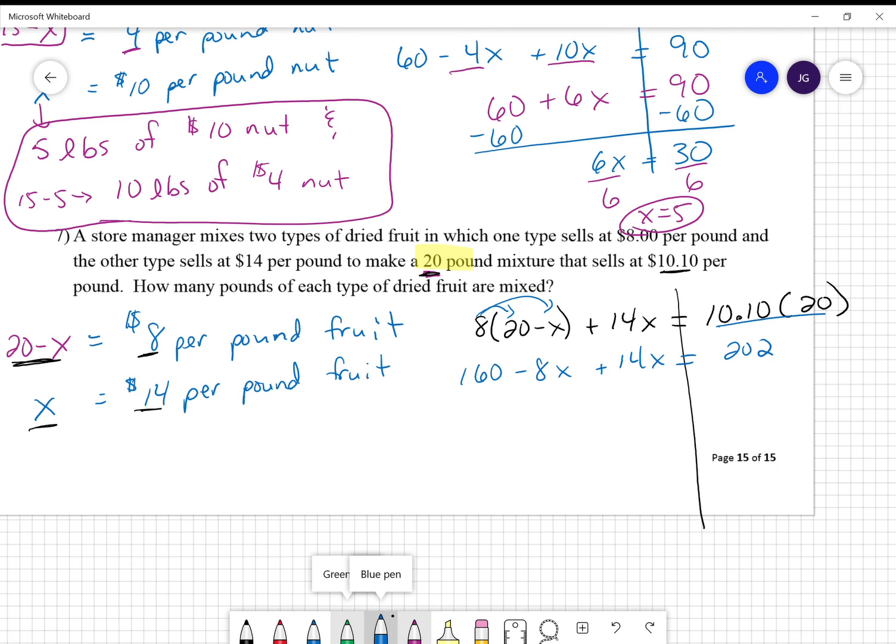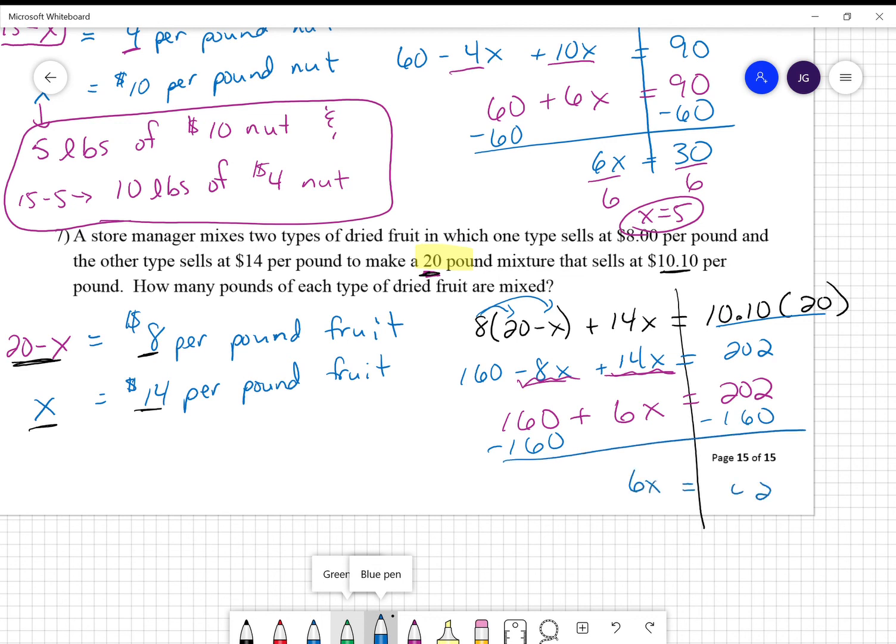Combining my like terms on the left, I get 160 plus 6x equals 202. Subtract 160. Six x equals 42.